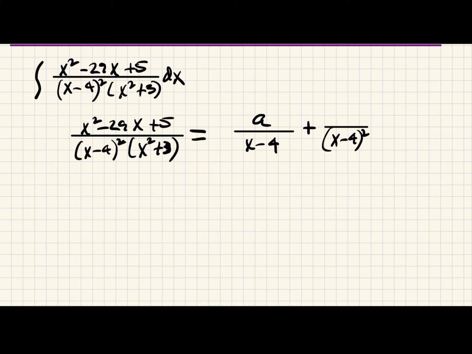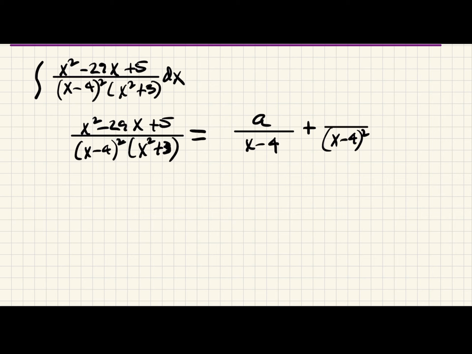So every time you have a repeated factor, you have a term on the right that has that factor raised to the first power, then that factor raised to the second power. If it was cubed, there'd be another one with that factor raised to the third power.